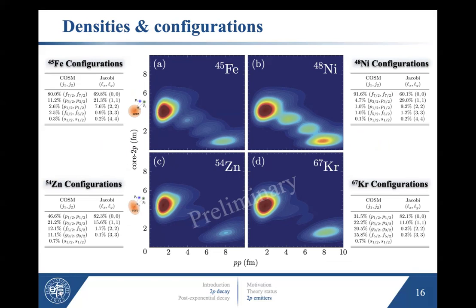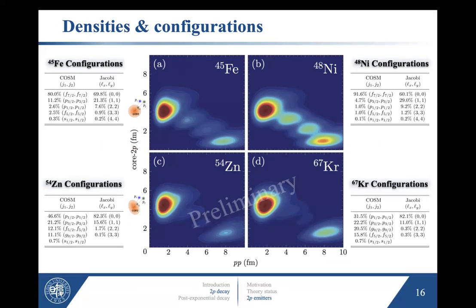This is actually a typical characteristic of F waves. Both of them have a strong peak on the left-hand side, corresponding to a diproton structure because the valence protons are relatively close.